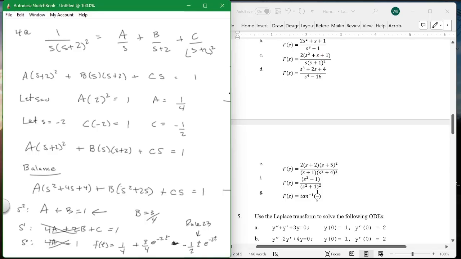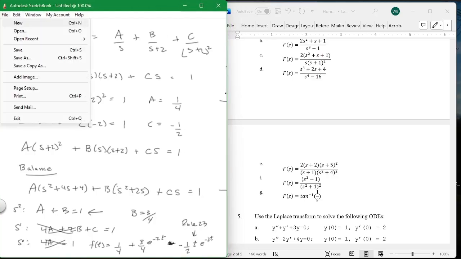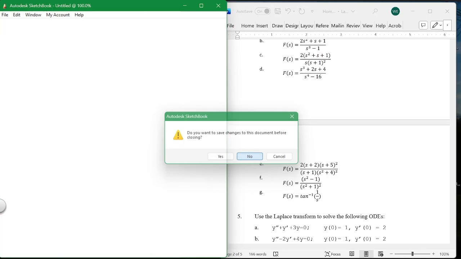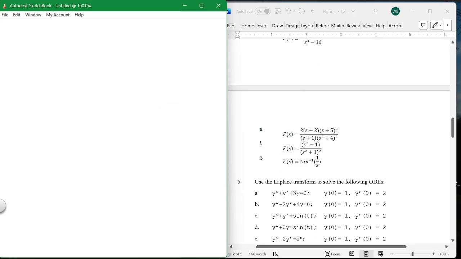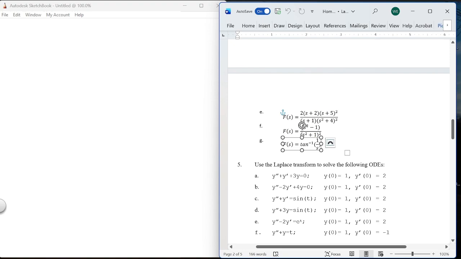This one, E. Everybody see that one? How would you do E?